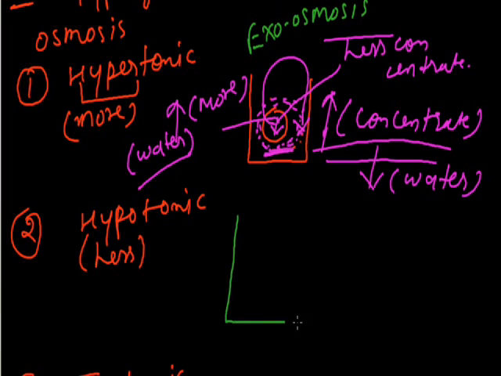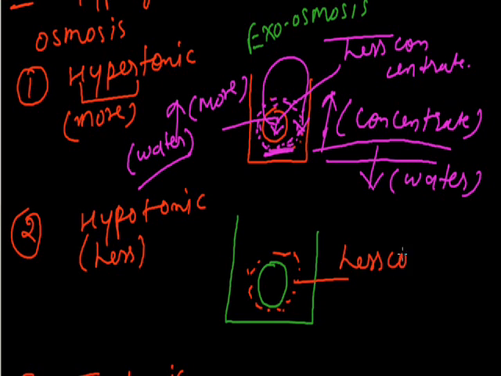Next, hypotonic, which is the less. The example will be common: the outer medium of the cell will be less concentrated as compared to the inner medium.